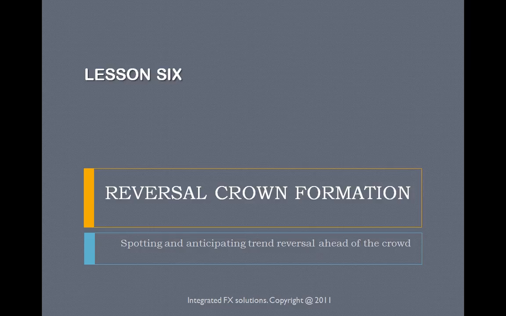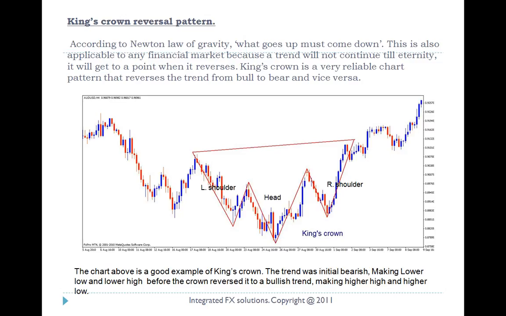King's crown reversal pattern. According to Newton's law of gravity, what goes up must come down. This is also applicable to any financial market because a trend will not continue till eternity. It will get to a point when it reverses.